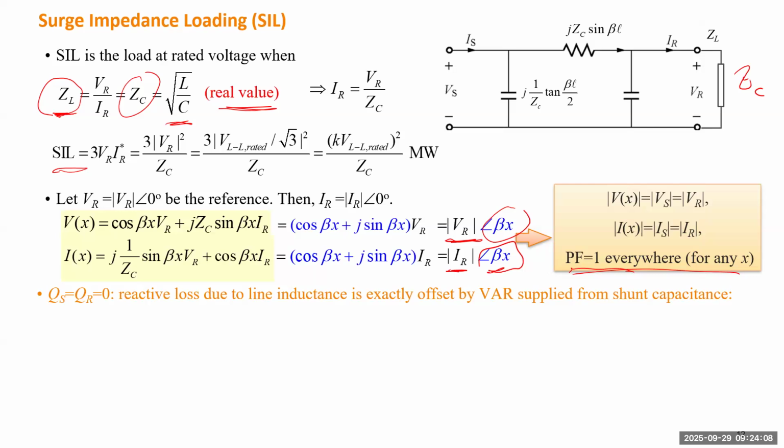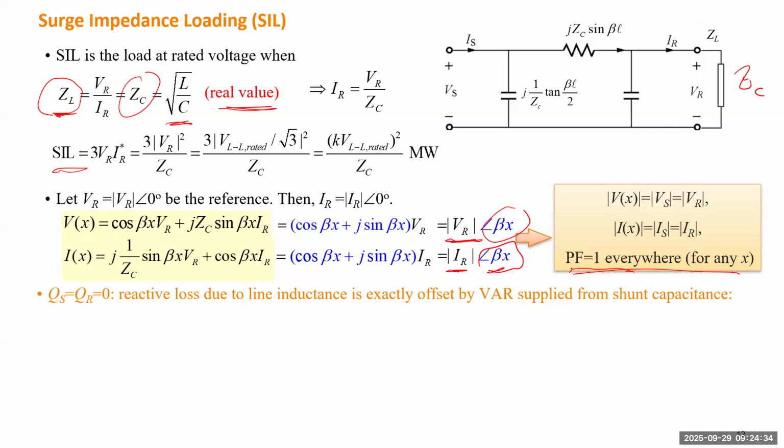Because when you operate at surge impedance load, the power factor everywhere will be the same, which means the reactive power consumed by the line itself is completely provided by the reactive power supplied by the line. Because the line has both inductance, which will consume some reactive power, and capacitance, which will provide some reactive power.